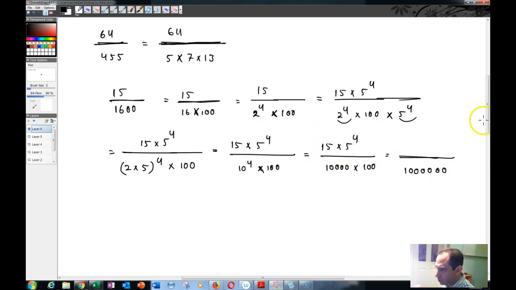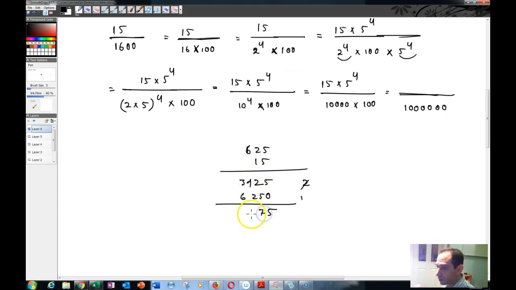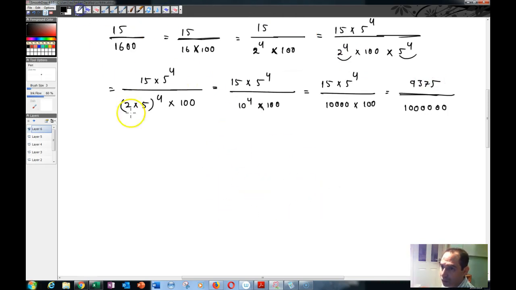This number over here, 5 raised to the power 4 is 625, and 625 times 15 is equal to 9375.